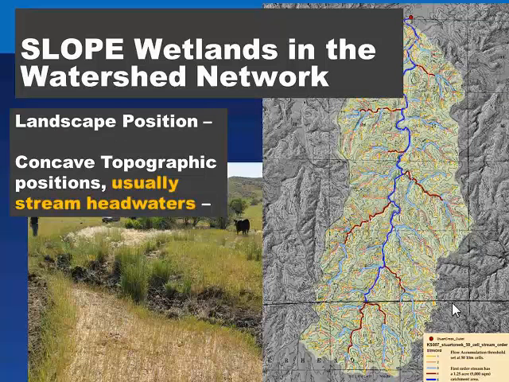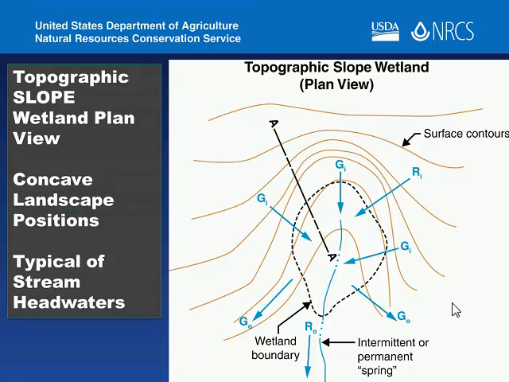Schematically, that's what these landscapes look like with the water budget vectors added in. The GI is groundwater discharge going into that wetland site. In this headwater reach, we've got an RI vector because obviously we're going to get surface runoff off of the topography. And if the groundwater discharge is strong enough, we'll get a surface runoff discharge of the spring.